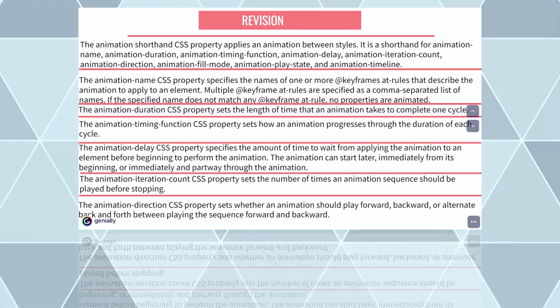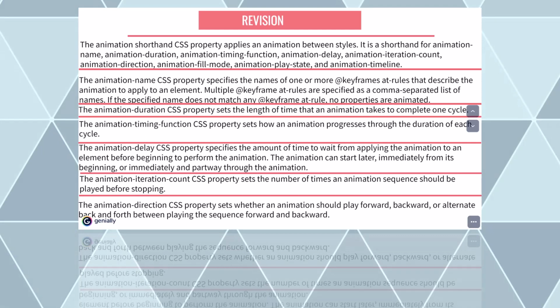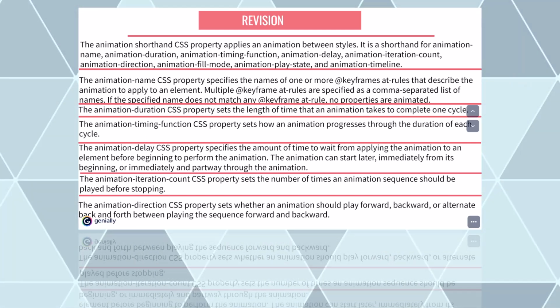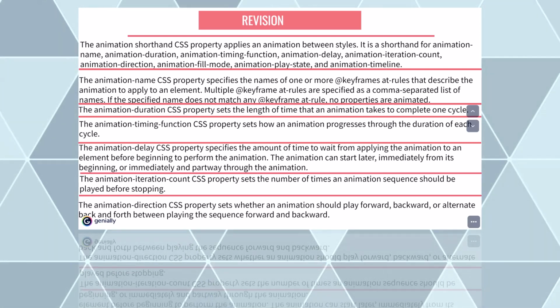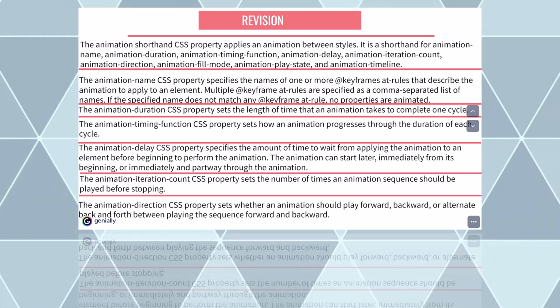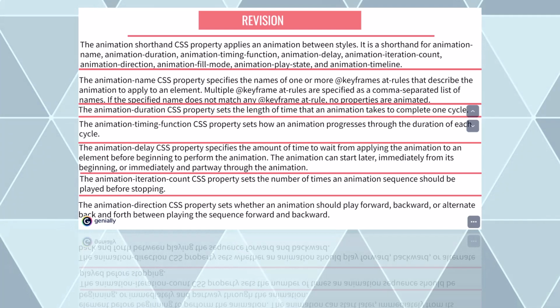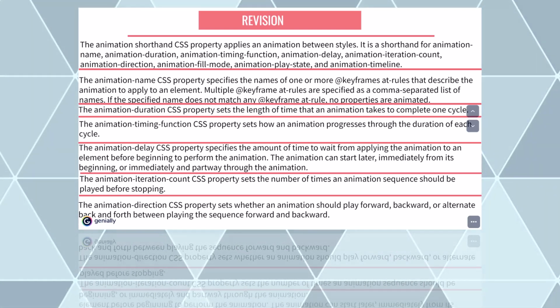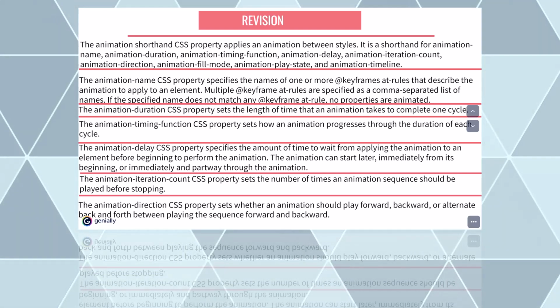So the animation direction CSS property sets whether an animation should play forward, backward, or alternate back and forth between playing the sequence forward and backward. So each and every one of you will explain that one. Let's start from Cindy.